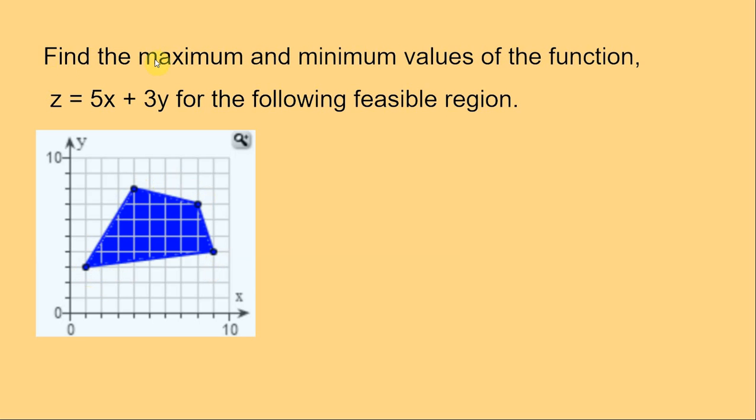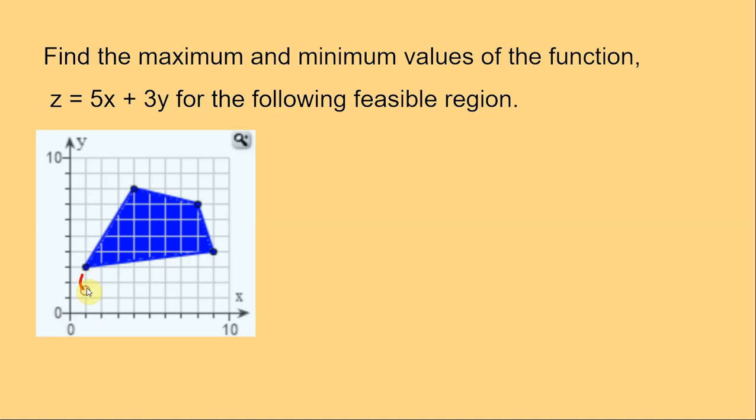So this example asks us to find the maximum and minimum value of this function, z is equal to 5x plus 3y, for this region. So the first thing that we need to do is find the coordinates of these corner points. If I look here at this point, I start at 0, 0, and I go to the right 1 and up 3.